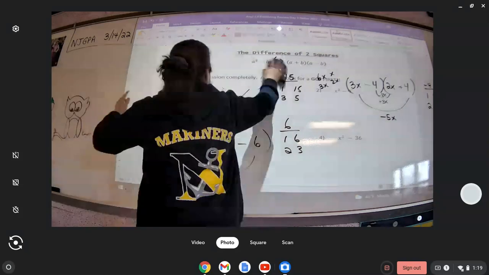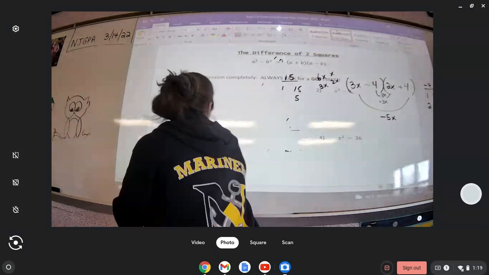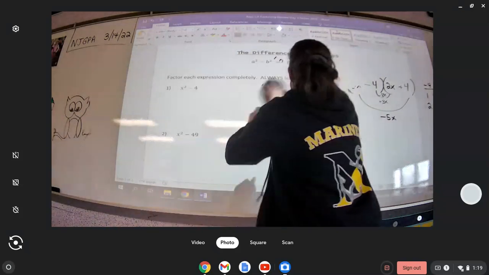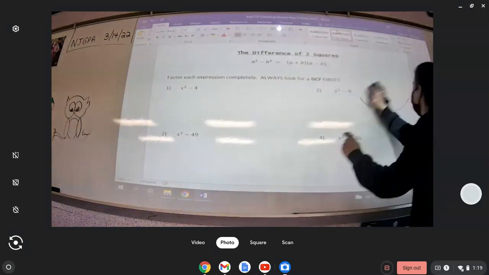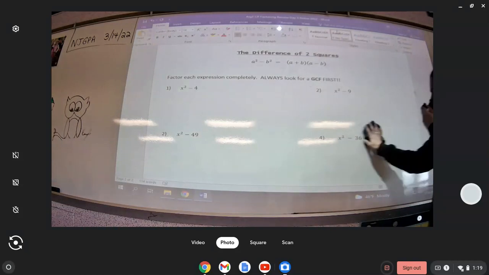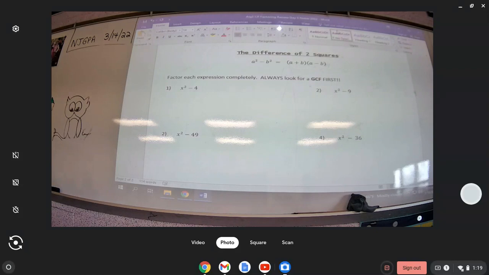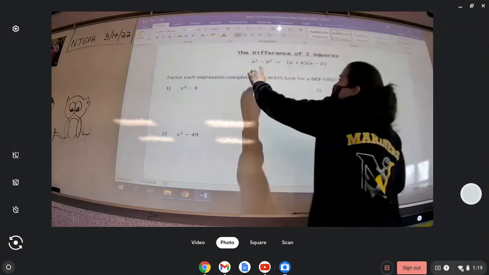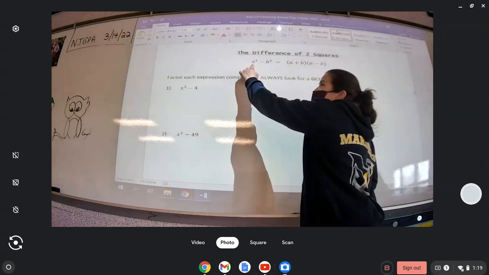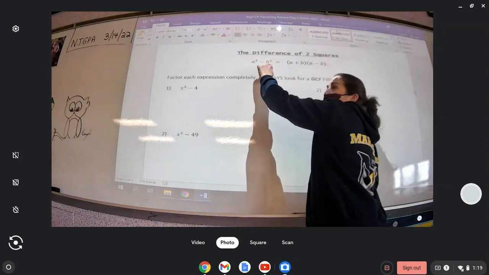All right, here we go. These ones will maybe take us about 5 minutes, and that's it for all of them. All right, if you are asked to factor the difference of 2 squares, it's going to be a perfect square subtract a perfect square.